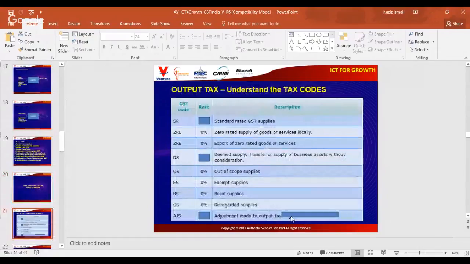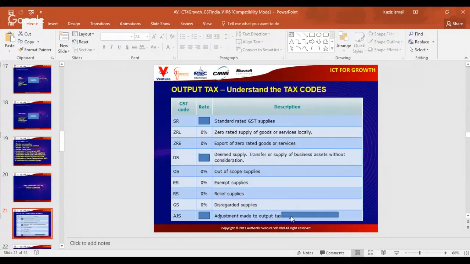And we have gone through this list before. When you do your accounting transactions, you can make a selection of the GST codes. Most of the transactions will be standard rated, but there are some other transactions that can be zero rated.